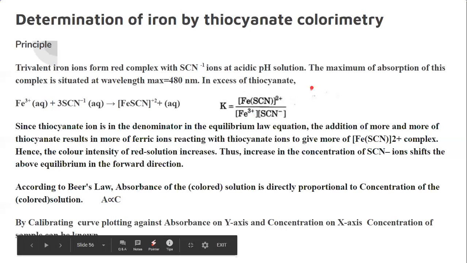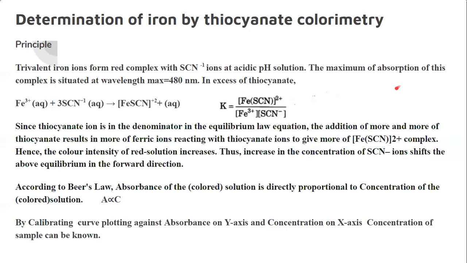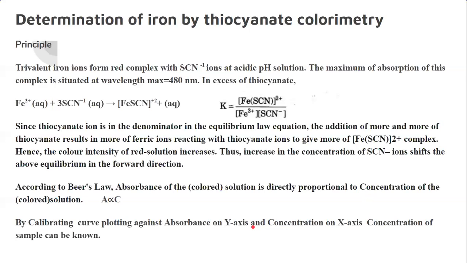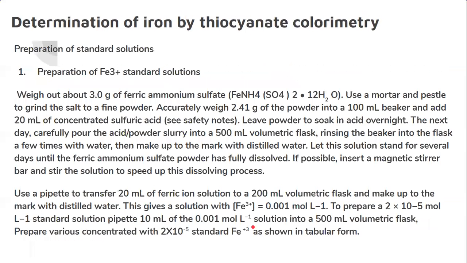We place that absorption on the slope, and if you draw a line towards the x-axis from that point, we get the concentration of the unknown solution. So that is the calibration method. By this method we can identify the concentration of unknowns or samples. Okay, so this is the principle.